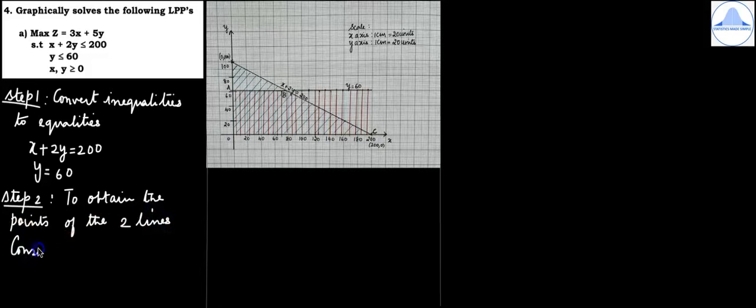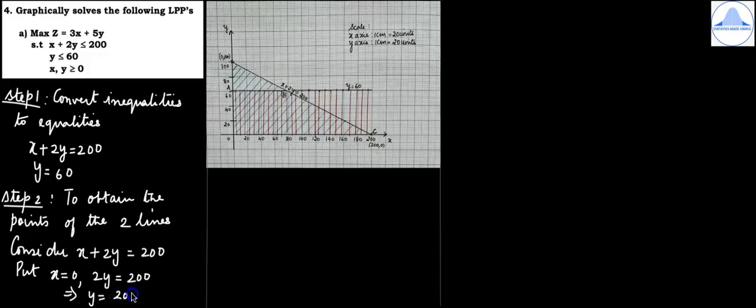So take the first equation. Consider x plus 2y is equal to 200. Put x equal to 0. So you get 2y is equal to 200, which implies y is equal to 200 divided by 2, which is equal to 100.